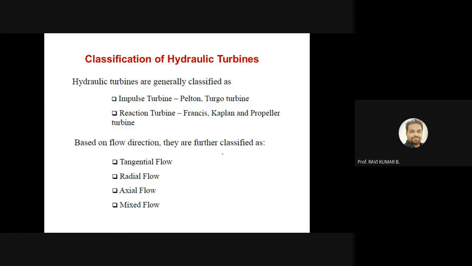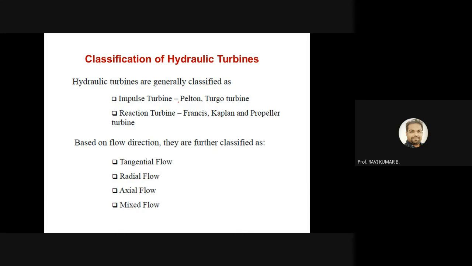Now, based on the flow direction, you can say tangential flow turbine, radial flow turbine, axial flow turbine, or mixed flow turbine. If we talk about the Pelton wheel, where we are utilizing just the impulse of the incoming water, these are basically tangential flow turbines, because water comes tangentially over the surface, then flows over the periphery, and the prime mover rotates.